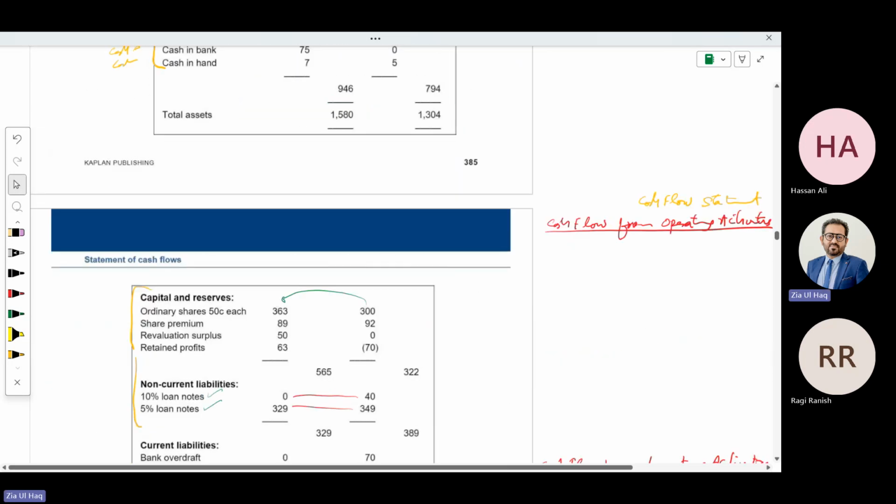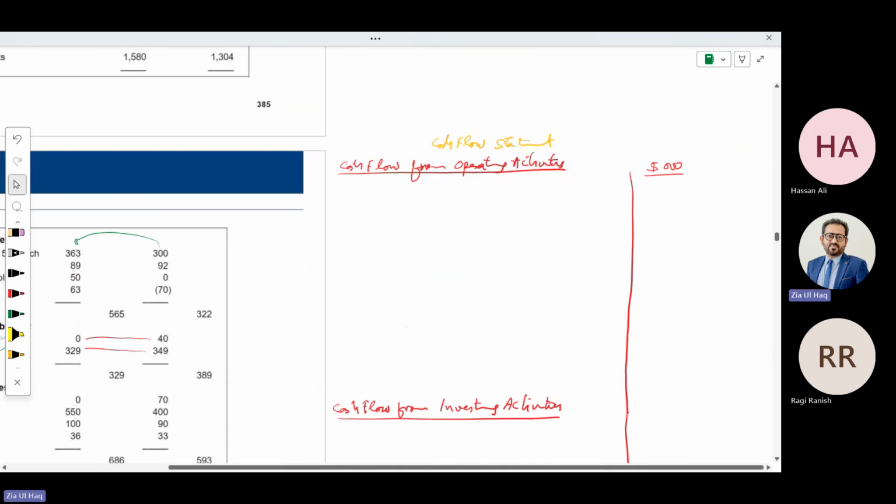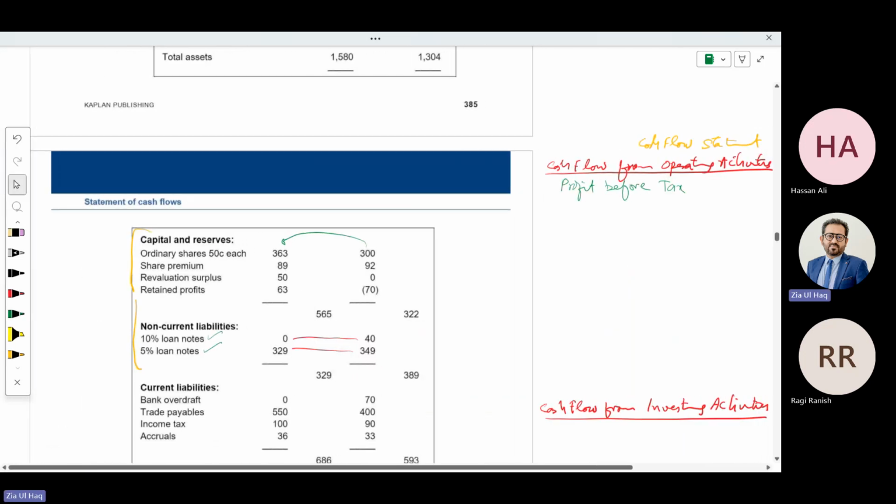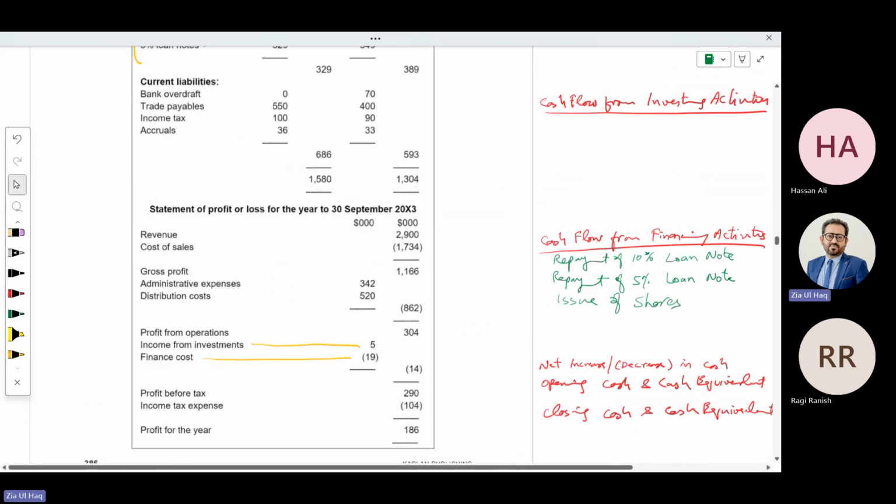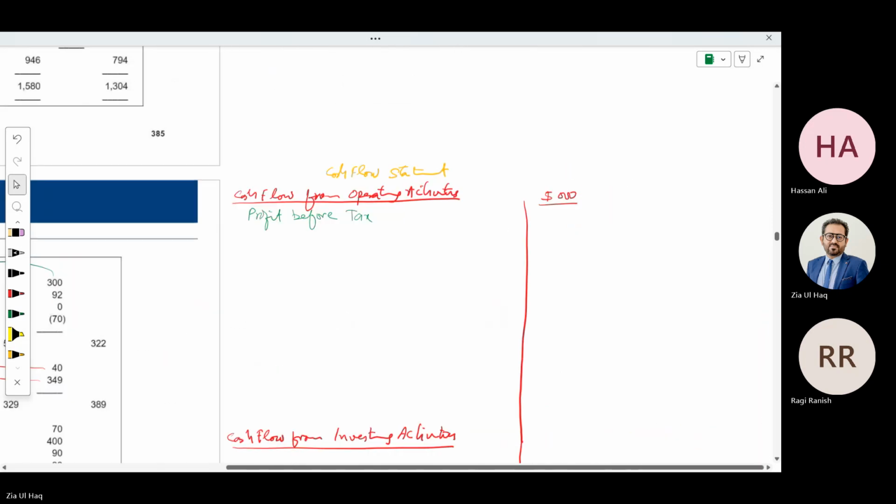In profit before tax. Do we have the profit before tax figure? How much is profit before tax? 290. In that, we need to add back depreciation. How much? 87. Add.